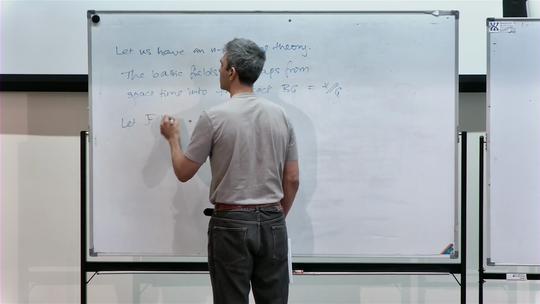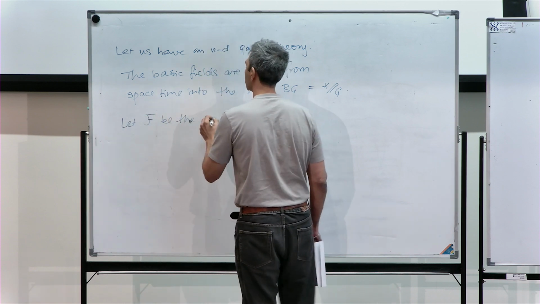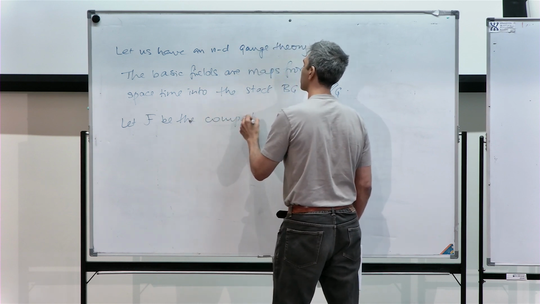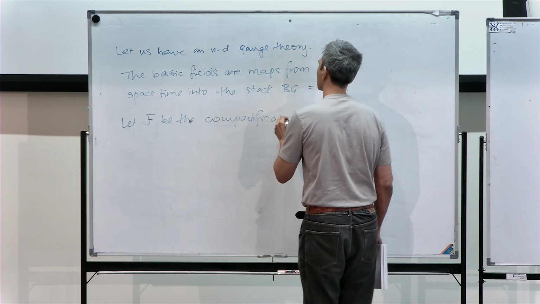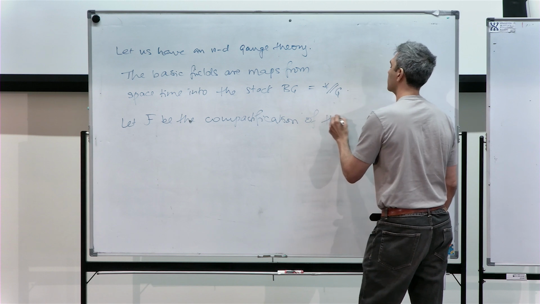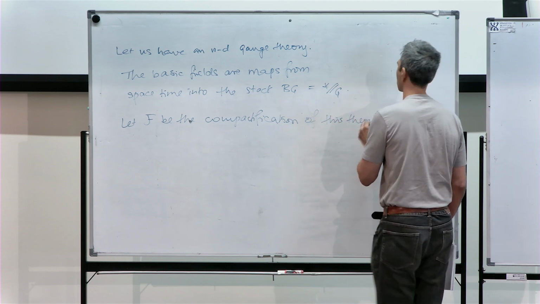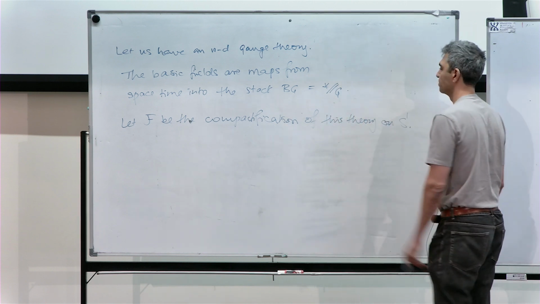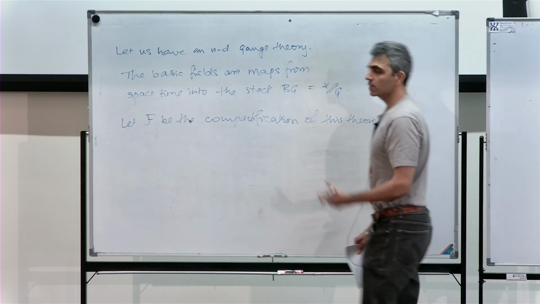So now let me give a name. Let F be the compactification of this theory on S1. So what are the basic fields of F?